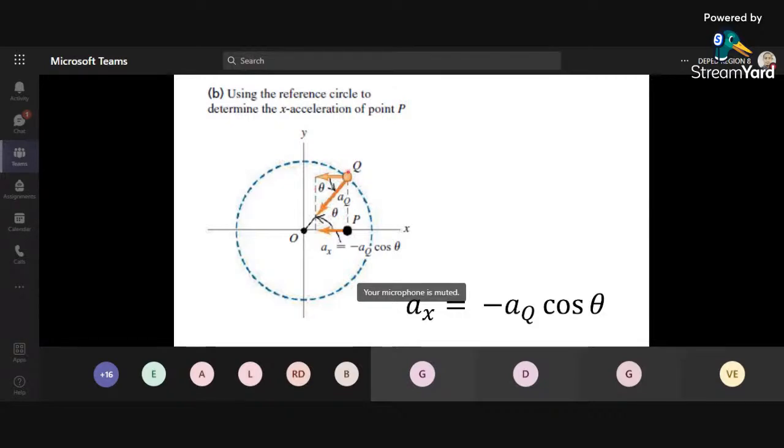So we multiply the magnitude of the acceleration of this point here by the cosine of the angle here.